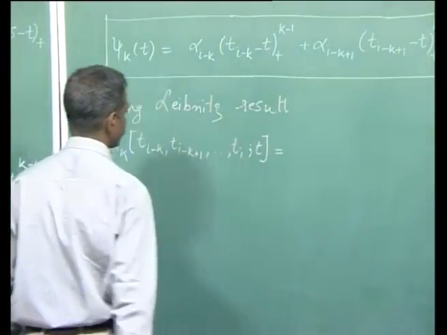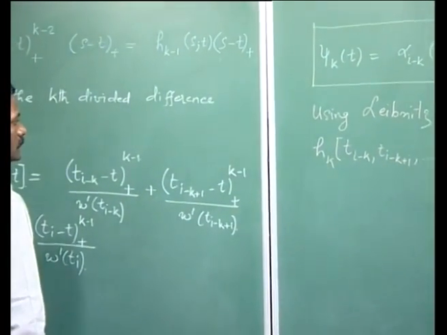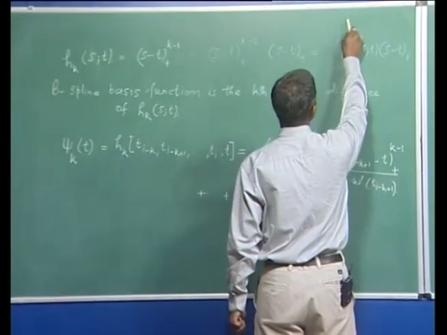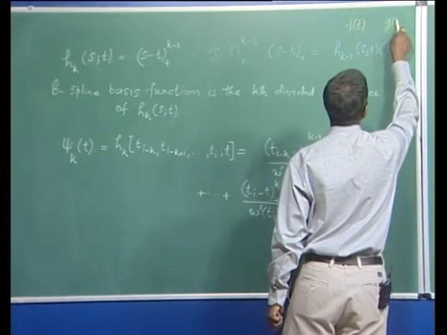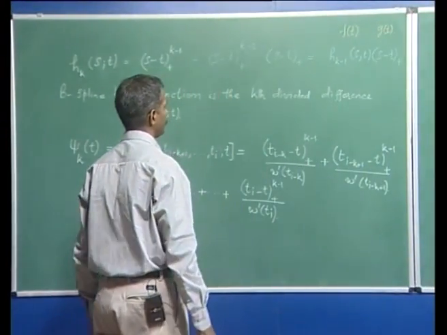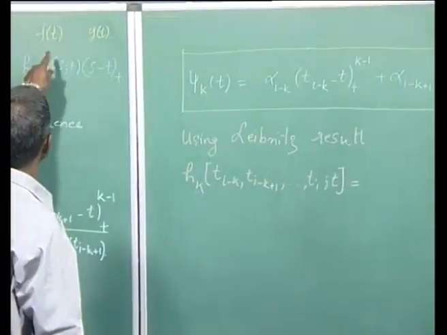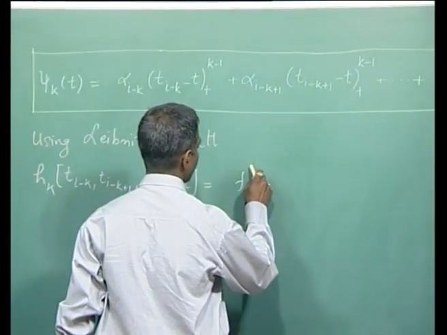This is equal to, and I can use the Leibniz result directly on the right hand side. Let me call this f of t and let me call this g of t.